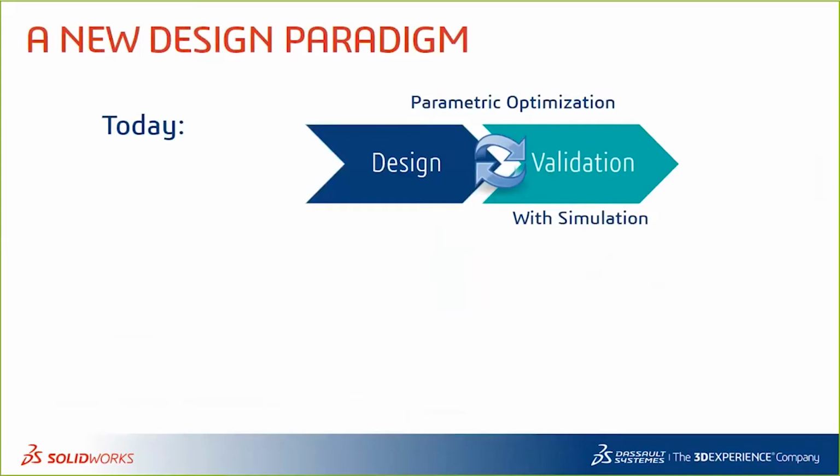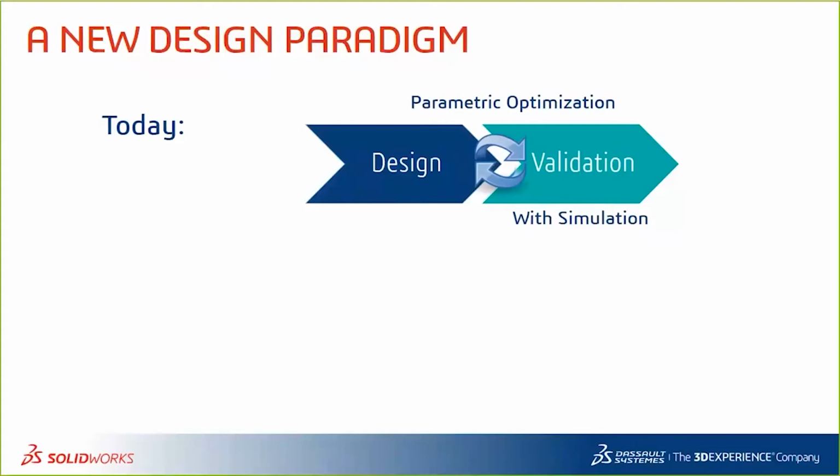So you come up with an initial design based on perhaps your customer requirements, and you run your design validation, whether it's linear static analysis, your drop test, or your buckling analysis. Depending on the results, you will perhaps thicken a wall, maybe add some ribs, maybe change the material, and go in a cycle until you get to the final design that 100% meets the requirements and that you feel is the best design.